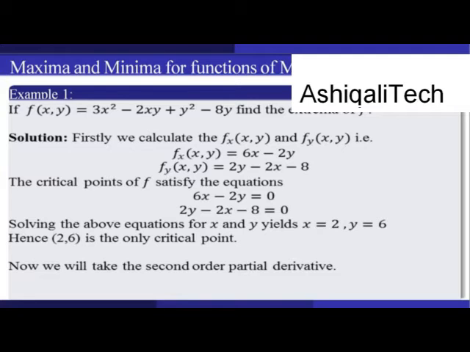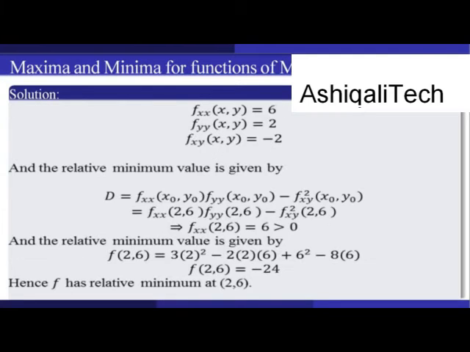Dear students, now we will take the second order partial derivatives. So we get fxx is equal to 6, fyy is equal to 2, and fxy is equal to minus 2. Now the relative minimum value is determined by D is equal to fxx multiplied by fyy minus fxy squared.